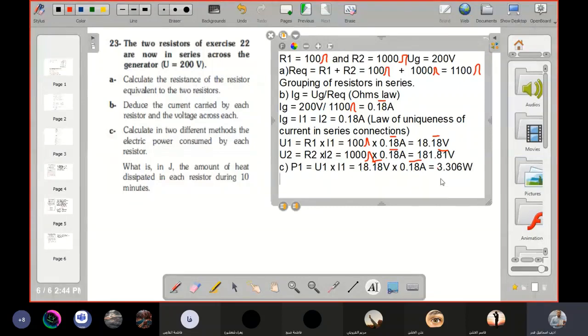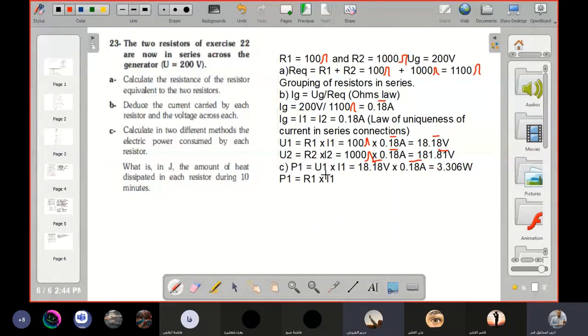Now P1 in a different method. What is the other method we use here to calculate P1? R1 times I1 squared.